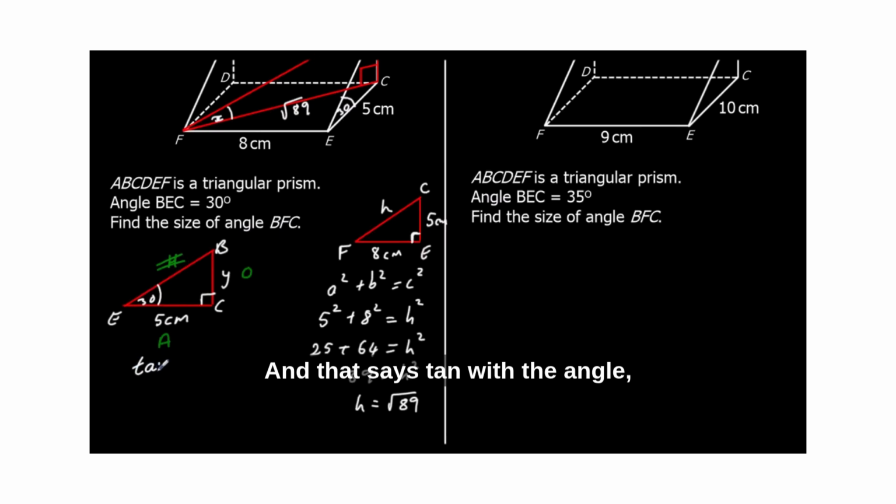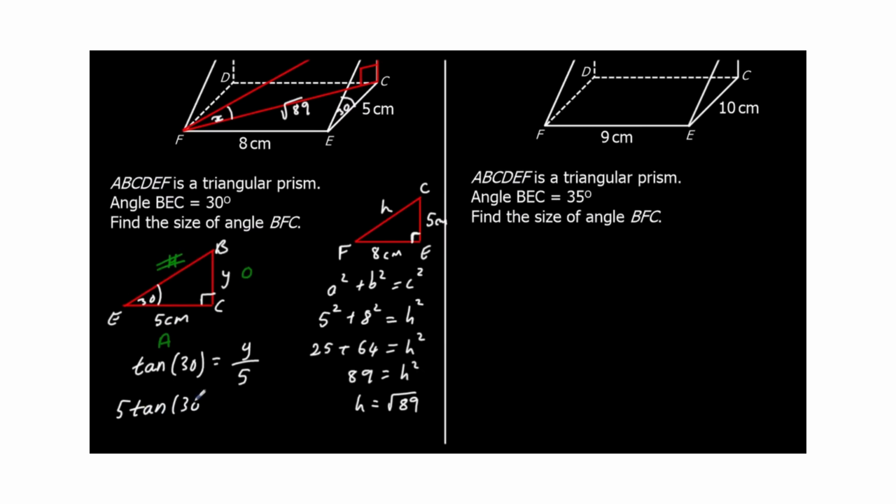And that says tan with the angle, tan 30, is equal to the opposite, which is Y, over the adjacent, which is 5. To get Y by itself, we multiply both sides by 5. So Y is equal to 5 times tan 30.